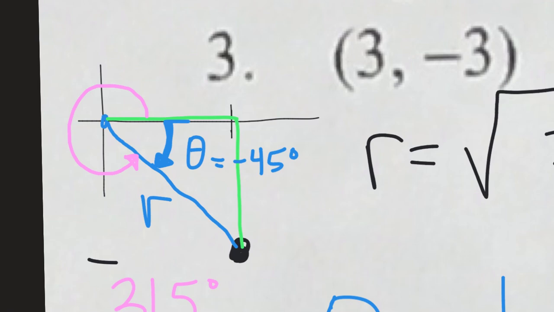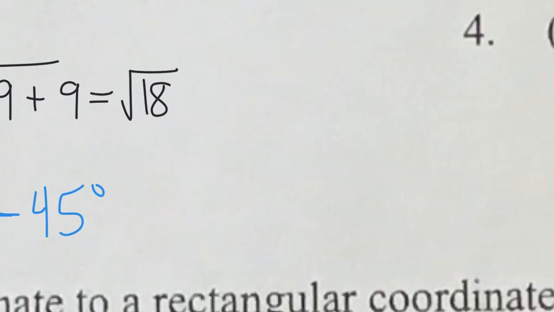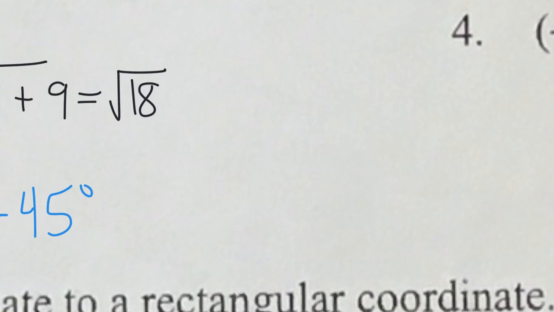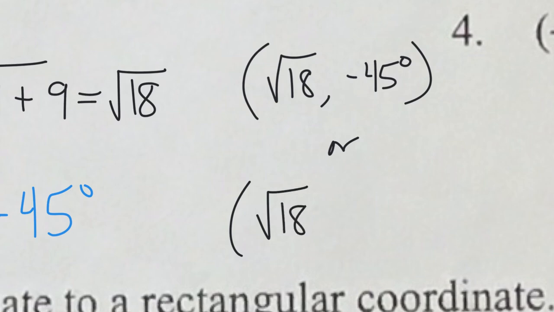So for a fourth quadrant angle only, you can represent the angle in a couple of ways. You can write it as the one from your calculator, which will be negative. By the way, your calculator will tell you that the angle is negative. Or you could write it using the positive angle, which would be 315 degrees.